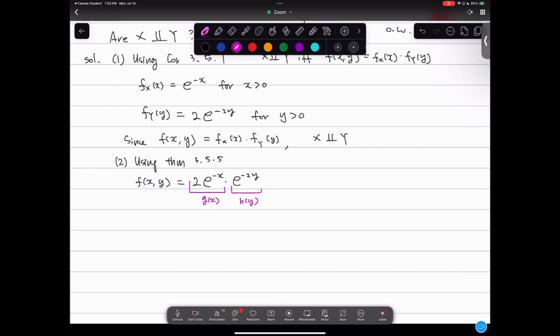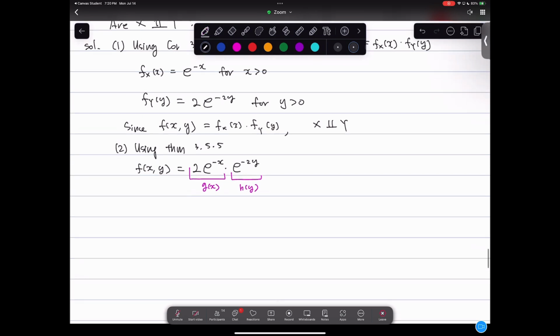So if I call the x-alone function 2 times this, and the y-alone function this, then your joint is a product of those two, x alone and y alone. Therefore, your X and Y are independent. Got it.